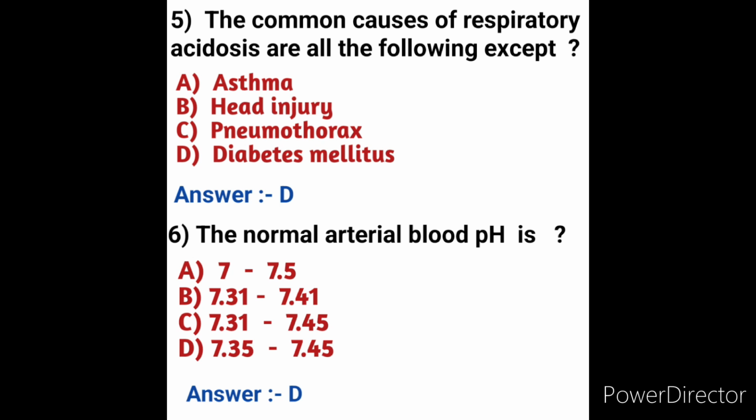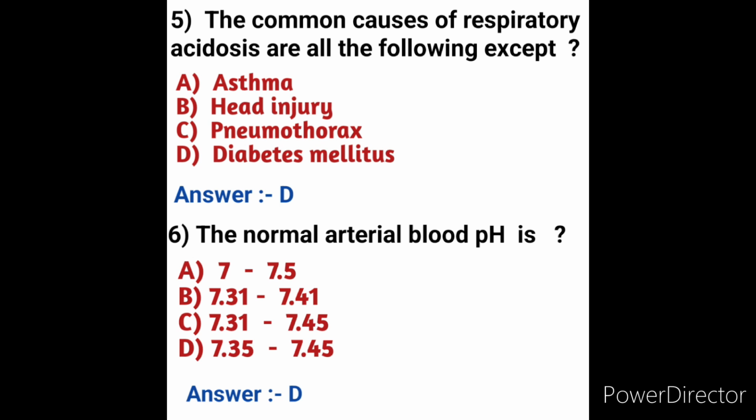The normal arterial blood pH is, we will see the options here. Option A 7 to 7.5, option B 7.31 to 7.41, option C 7.31 to 7.45, and option D 7.35 to 7.45.